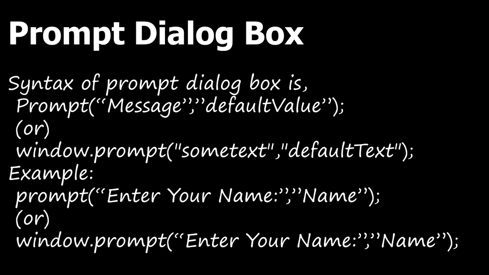In that place only, whatever we type will be saved. So, as we saw in alert and confirm, here we use the prompt keyword, and inside the bracket, inside double quotes the message and comma, and inside another double quotes we give the default value or default text, right?